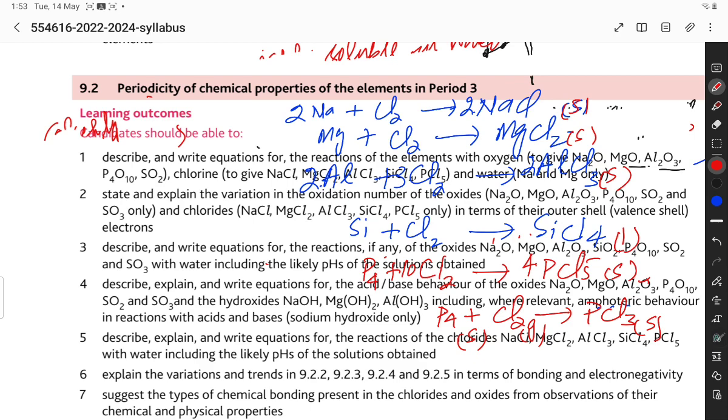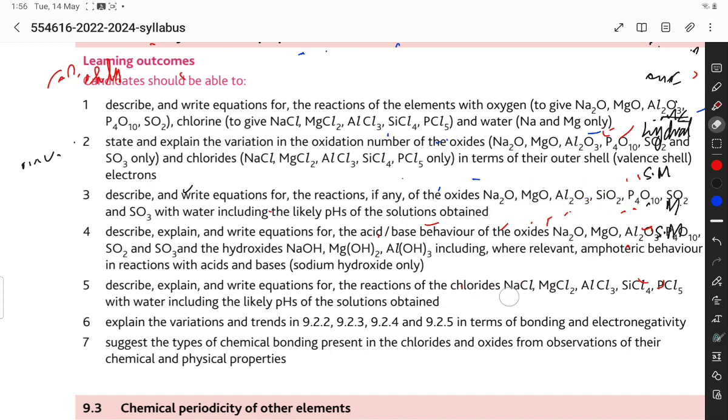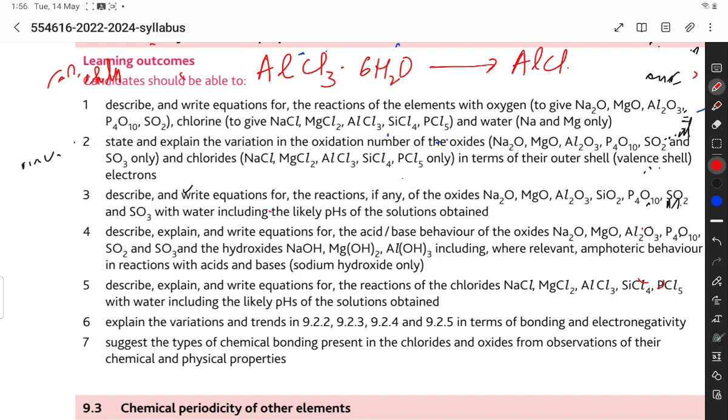So the structure and bonding of the chlorides are described. You should know the structure and bonding. This is ionic. The chlorides of the first two metals are ionic, and aluminium chloride is ionic in the hydrated form, AlCl3 dot 6H2O, but the anhydrous form AlCl3 is covalent.